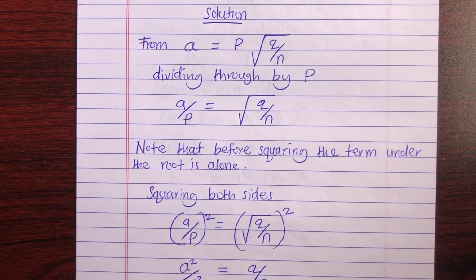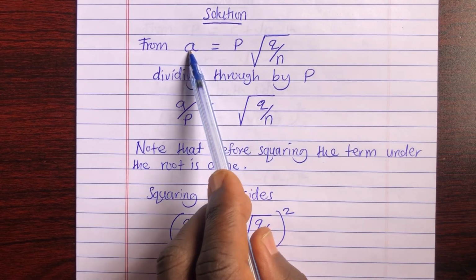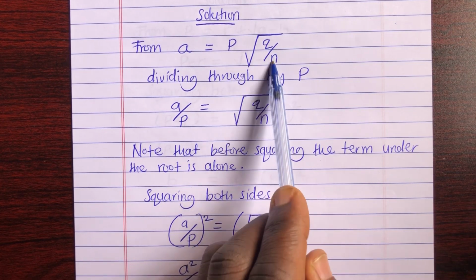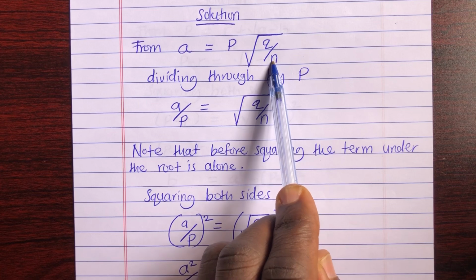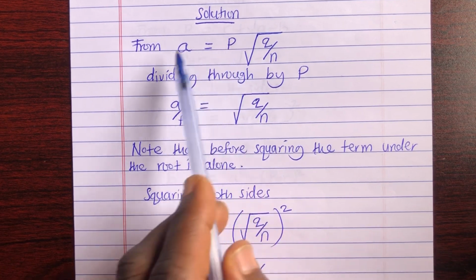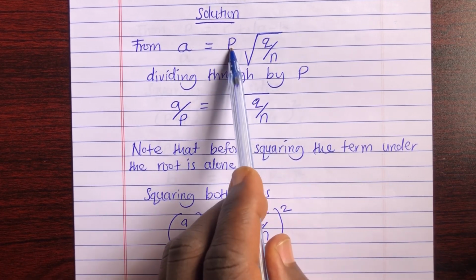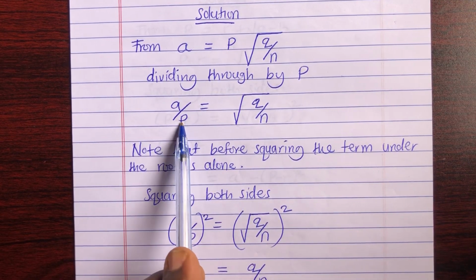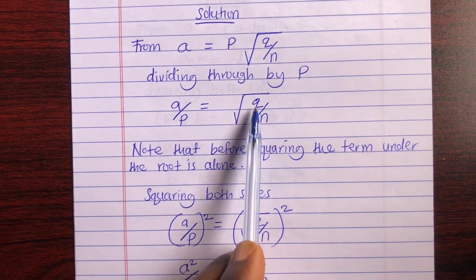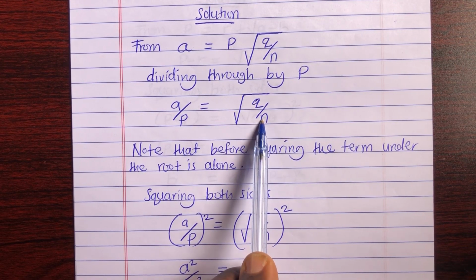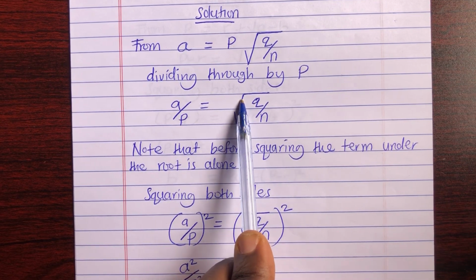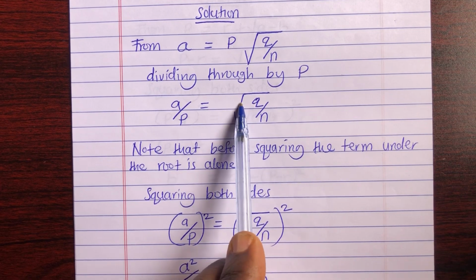From the equation, which is A equaling P into the square root of Q over N, first of all, since P is outside the square root, we first divide through by P, so that we get A over P equaling the square root of Q over N. After that, we shall square to eliminate the square root.